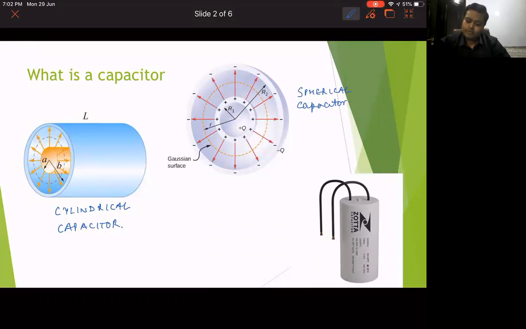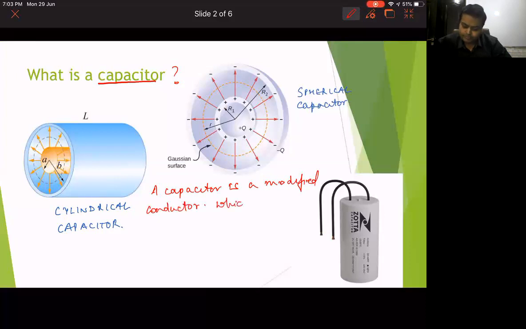Let me mention for you what a capacitor is. The answer is, a capacitor is a modified conductor. That means it is an arrangement of conductors which accumulates the charges on its plates.